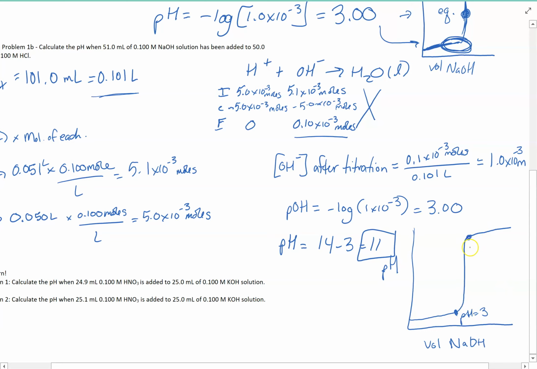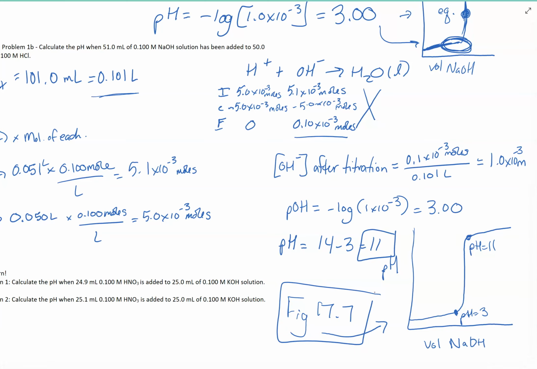Now we're up here. And if you're wondering what I'm referencing as far as a graph, this is figure 17.7. If you want to reference the strong base titrated into the acid is what you're looking at, okay?